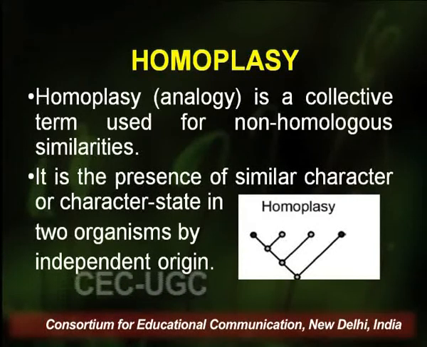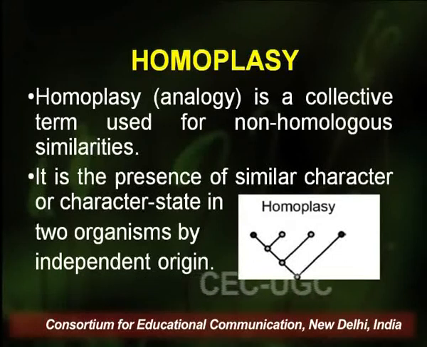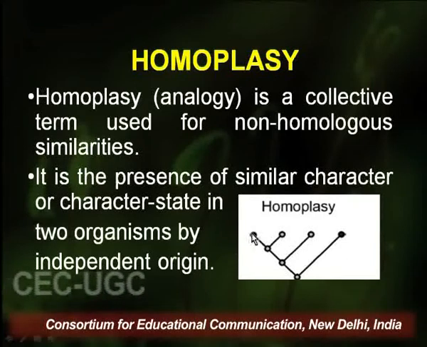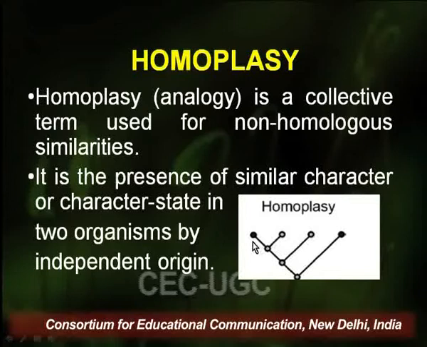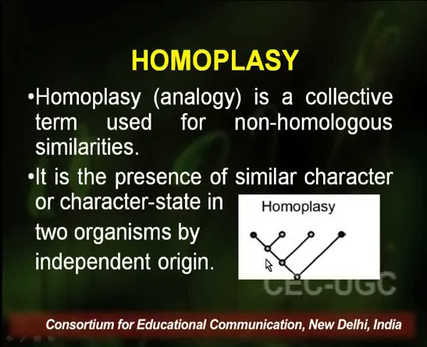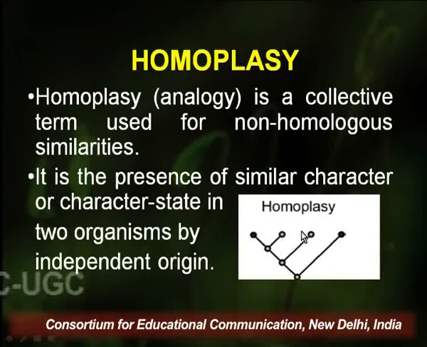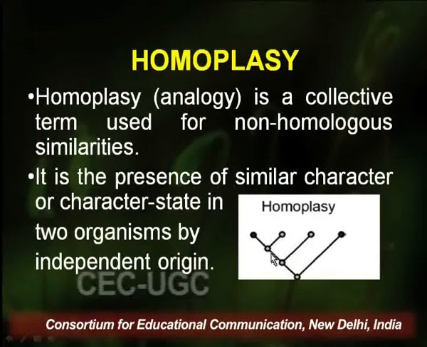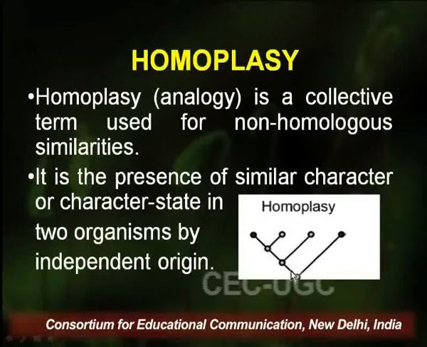It is the presence of a similar character or character state in two organisms by independent origin. The characteristics found in the current generation or the taxa are the derived ones, and even if they landed up in the same result, they originated independently.